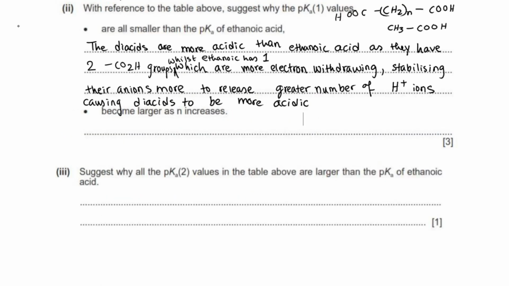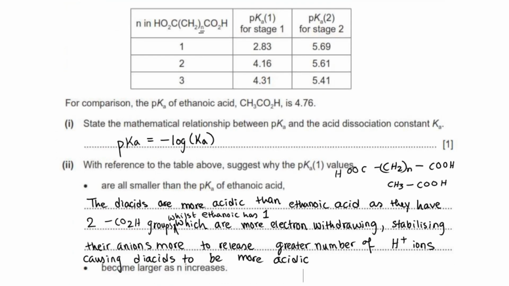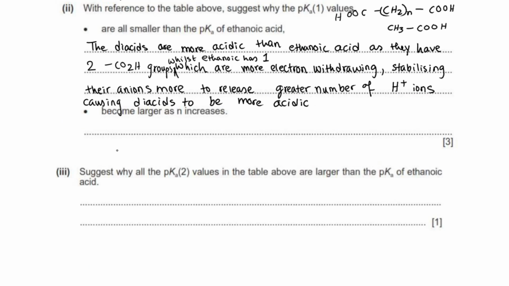Then we are asked why the pKa value increases as N increases. And N here is the number of alkyl groups within the diacids. Now, as N increases, the distance between the electron withdrawing carboxyl groups also increases.